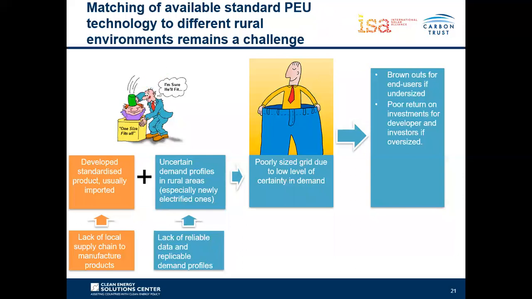Or if it is oversized, the investor will not get sufficient returns to cover the initial cost of the project. Neither of these cases is desirable, and this is the issue that developers face when deciding whether or not to invest in these projects.